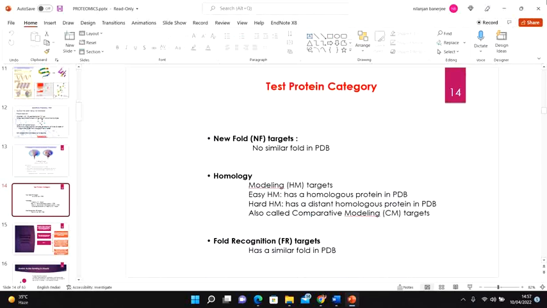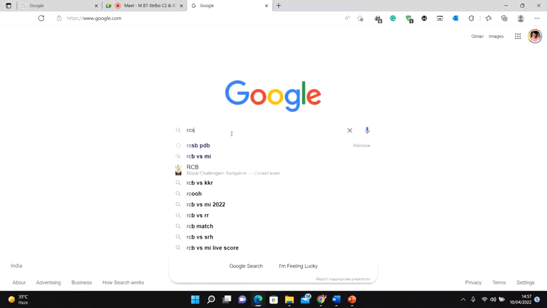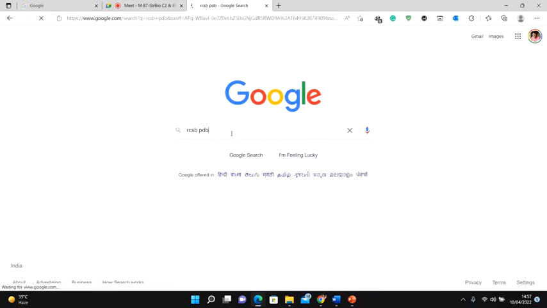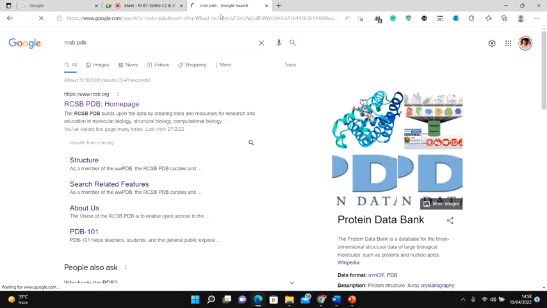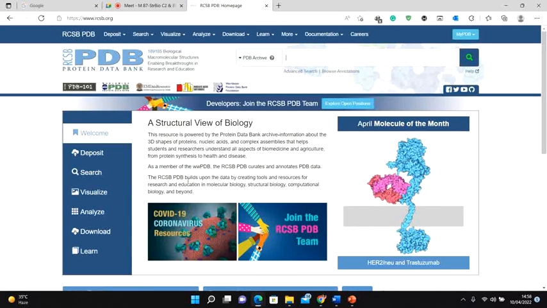Okay? This is the database where all the proteins are present. See, this is the biological macromolecule structure.